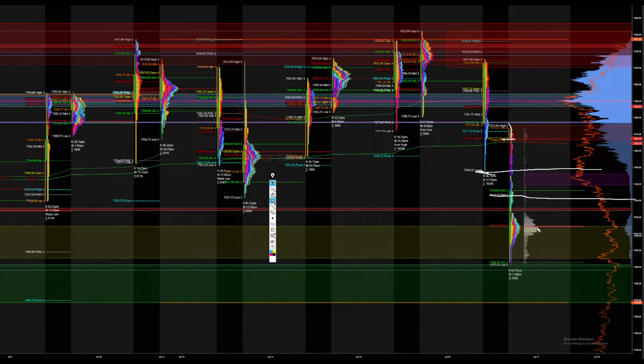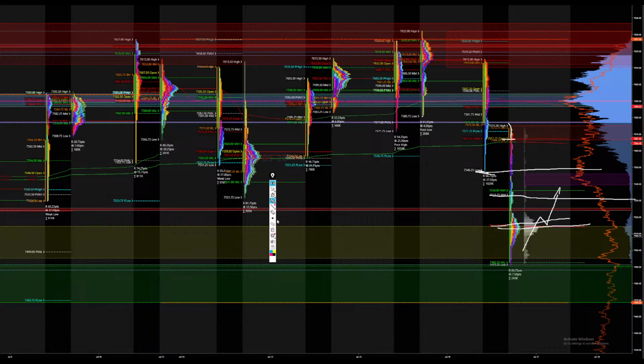Another level you're going to want to look at is the 75.15s, the overnight VPOC. This is going to be representative of shorts, so any kind of move you see that holds 75.15 is a long.